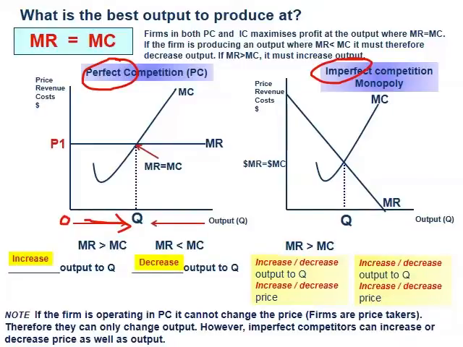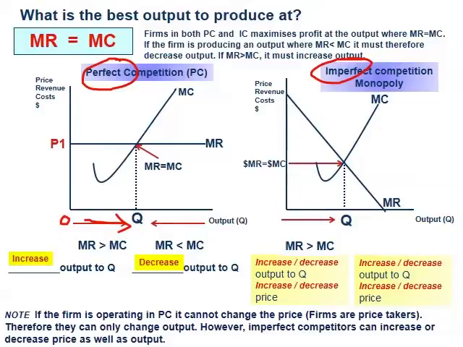Exactly the same applies for an imperfect competitor. They maximize profit where MR equals MC. So they choose that quantity there, Q. If marginal revenue is above marginal cost, same idea, increase output. But to increase output requires a decrease in price, so quantity demanded will increase.